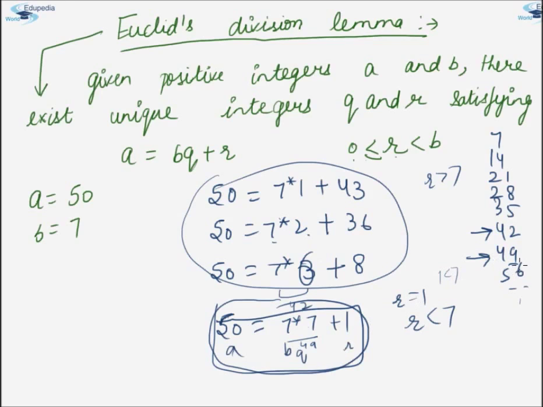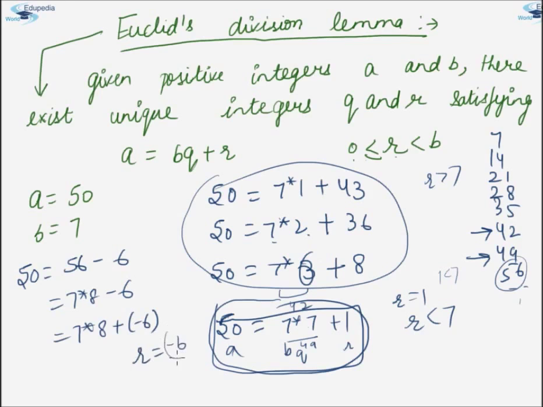Now if we try to use this multiple to represent 50 in some way, then 50 can be written as 56 minus 6, that is 7 into 8 minus 6, or 7 into 8 plus minus of 6. So clearly here r is negative. Thus, there is a unique equation where r is less than 7, greater than 0.